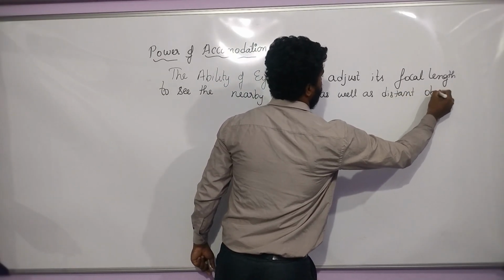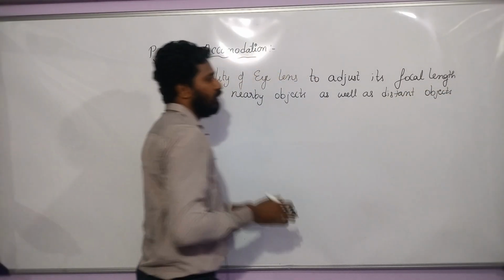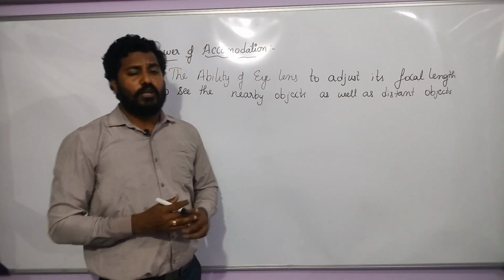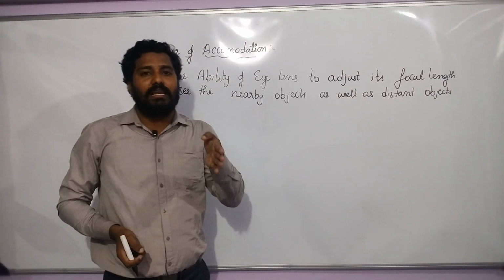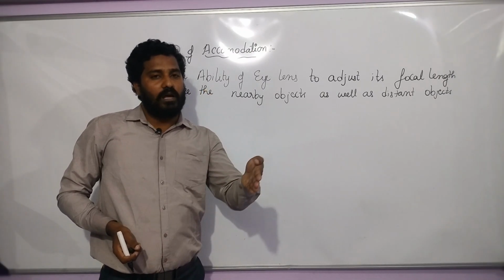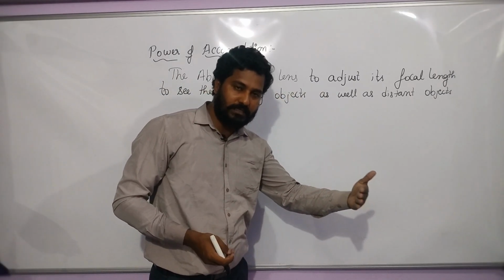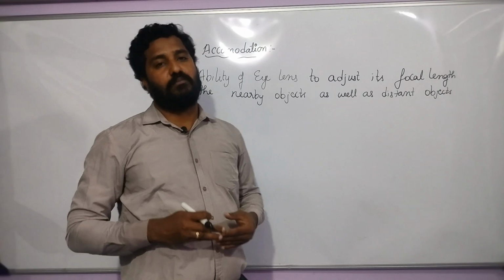That's the 1 mark answer. If they ask what is power of accommodation, the ability of the eye lens to adjust its focal length to see nearby objects as well as distant objects.